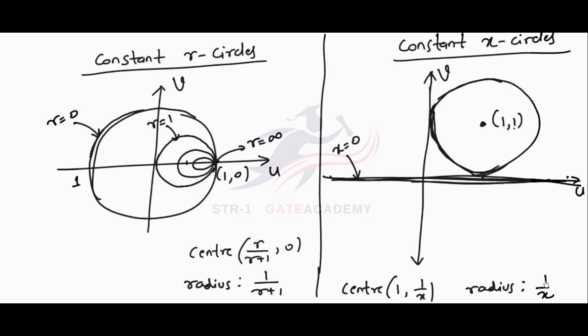Similarly, for x equal to -1, what will happen? Center is 1, -1 and radius is coming out to be -1, but in general radius is positive. So therefore it will be a circle, this one, the opposite circle, 1, -1.